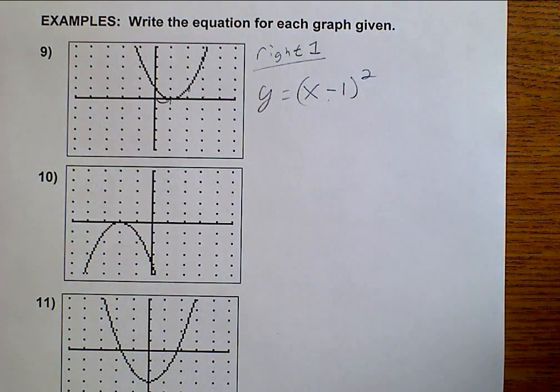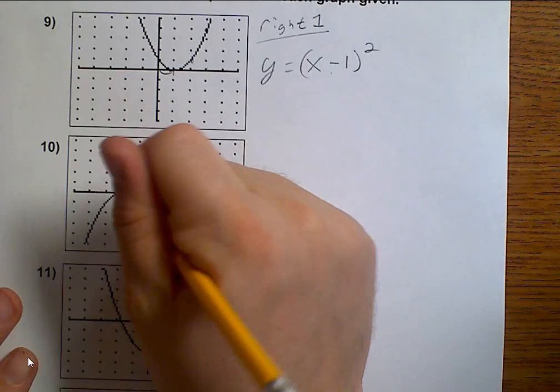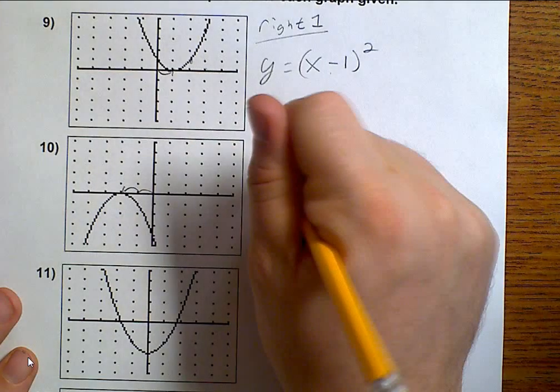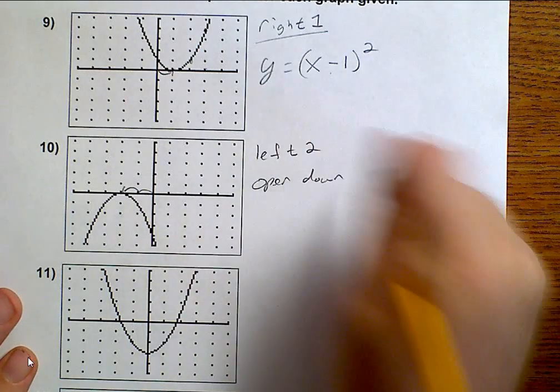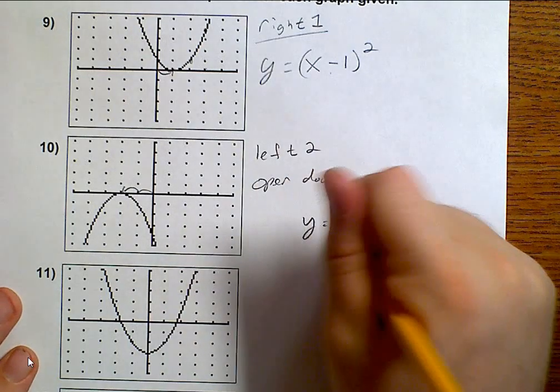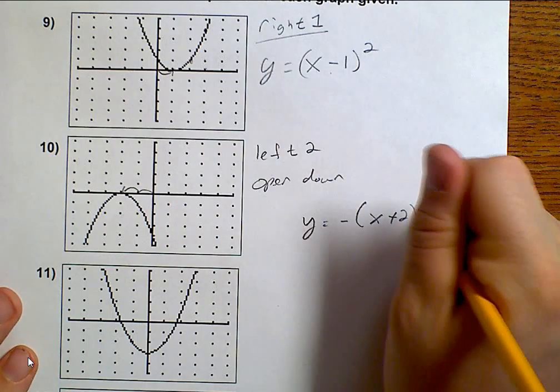Again, it's backwards from how you would think when we move left and right. If we look at number 10, we have moved left 2, and we're opening down. That means that y equals negative x plus 2 squared.